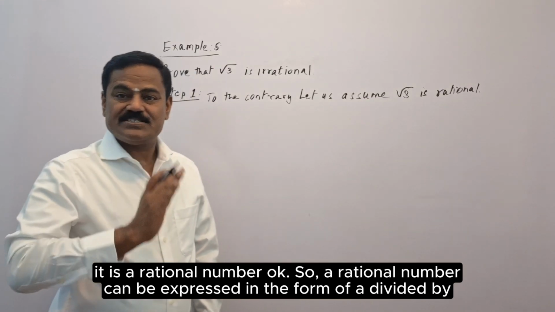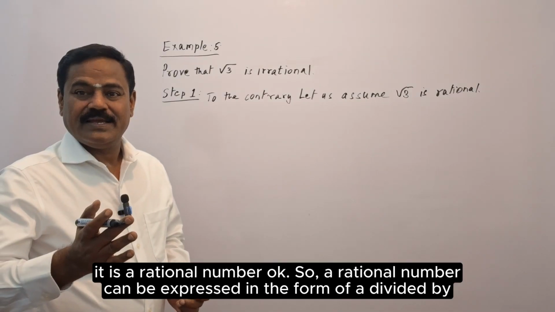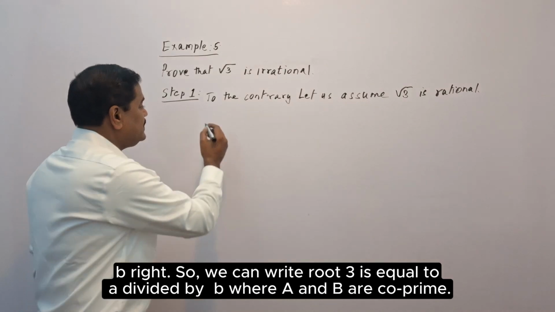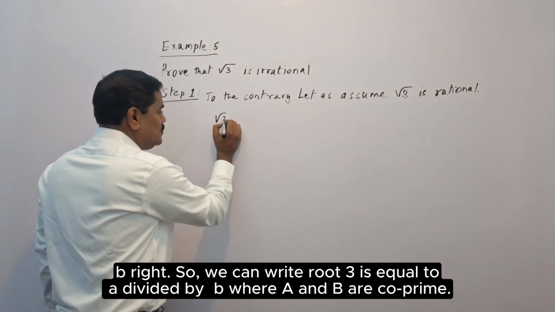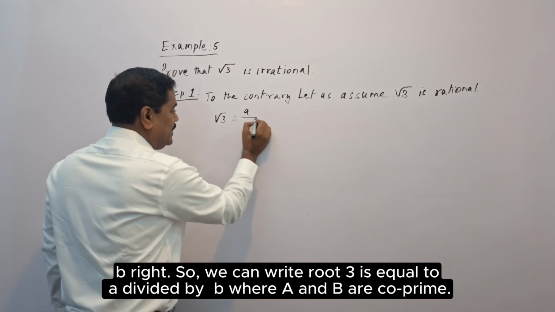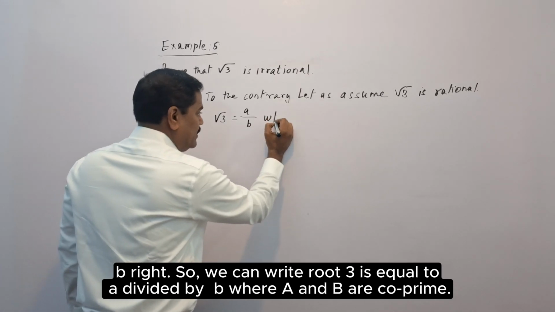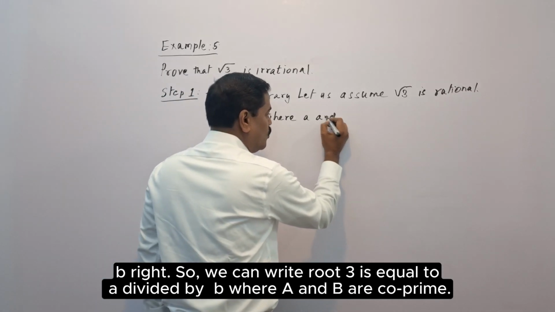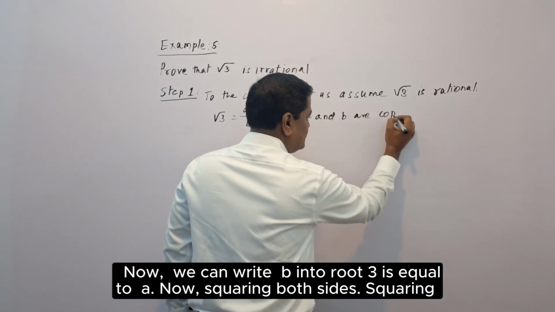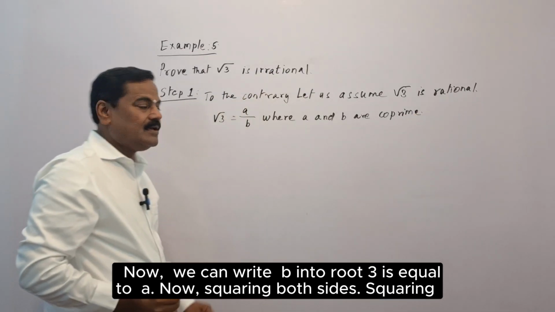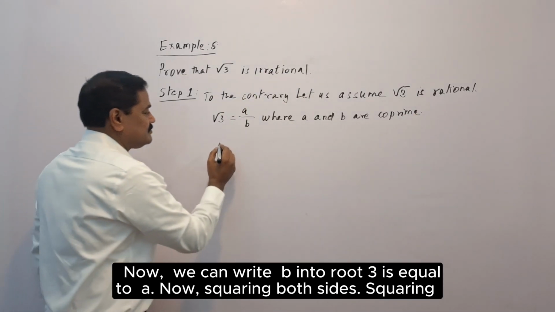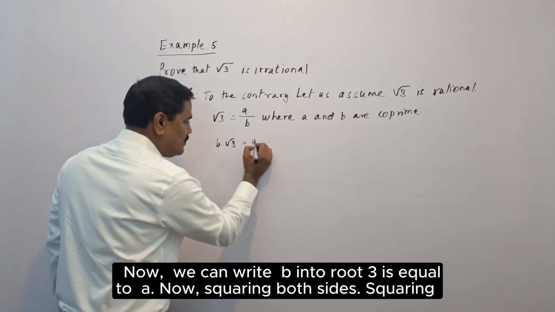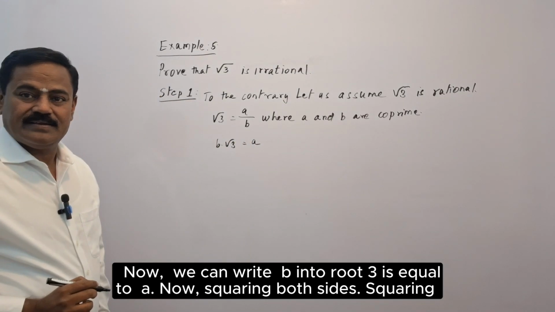A rational number can be expressed in the form a divided by b, so we can write root 3 is equal to a divided by b, where a and b are co-prime. Now we can write b into root 3 is equal to a.